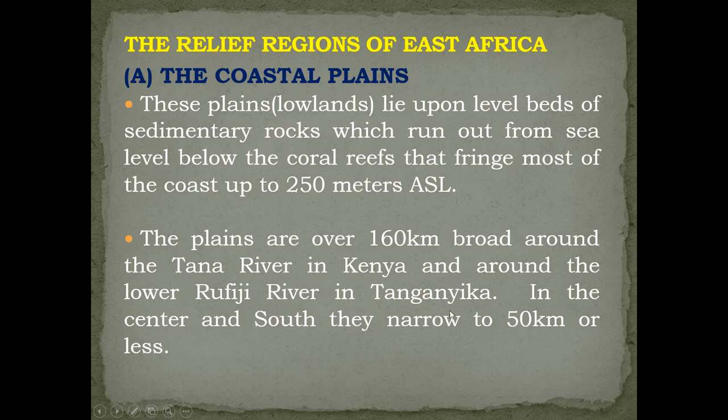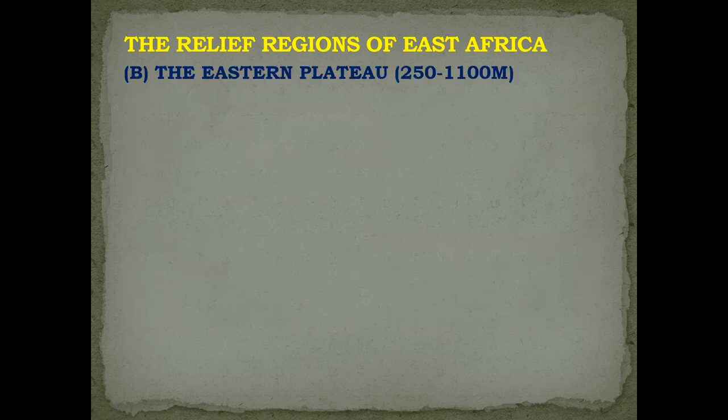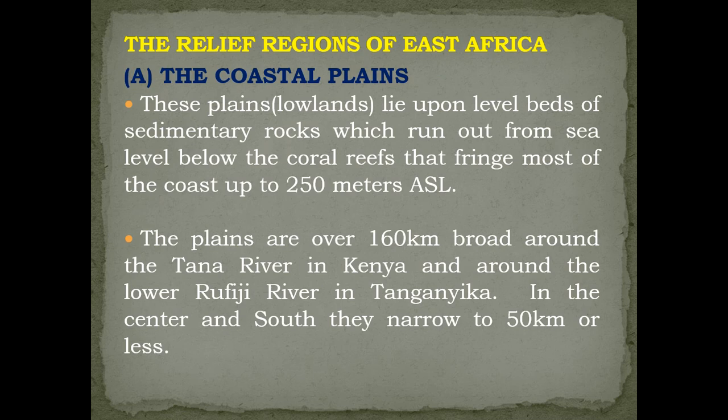So in southern Tanzania, it is only about 50 kilometers from the Indian Ocean into the interior. We shall have more explanation when we make reference to our map. So that is the first part of the Reef region of East Africa.